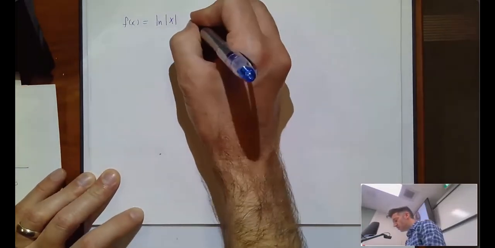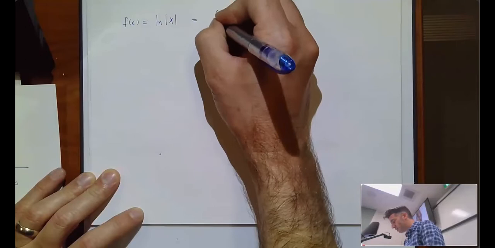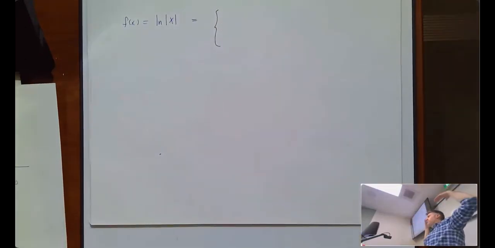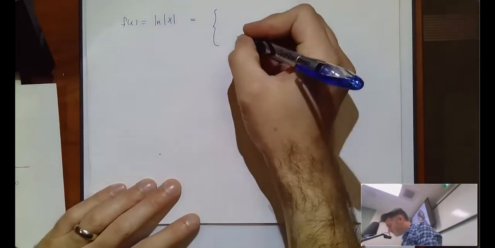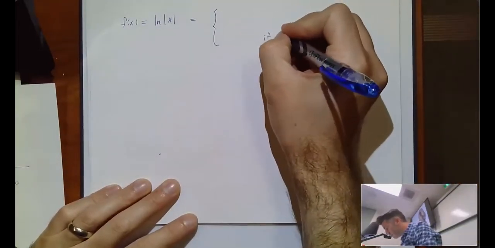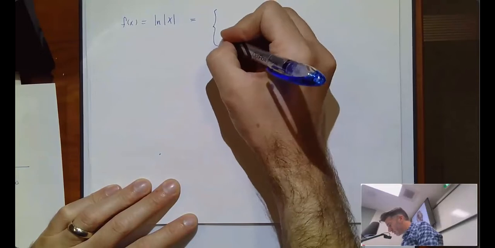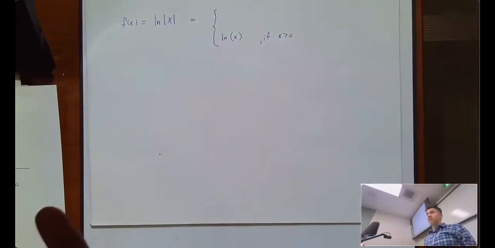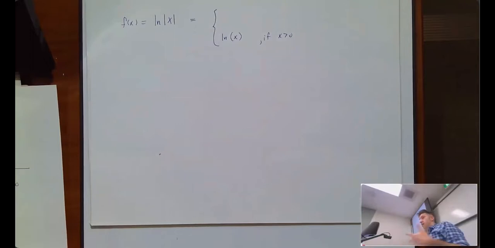This is actually a piecewise function. If x is positive, nothing's changed. If x is positive, then we just get the natural log of regular old x. The natural log of the absolute value of 5 is the natural log of 5. The natural log of the absolute value of 13 is the natural log of 13.